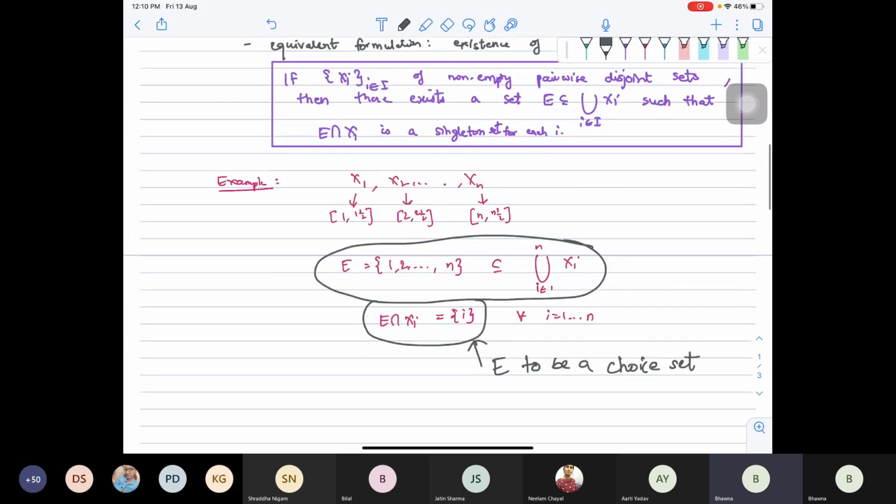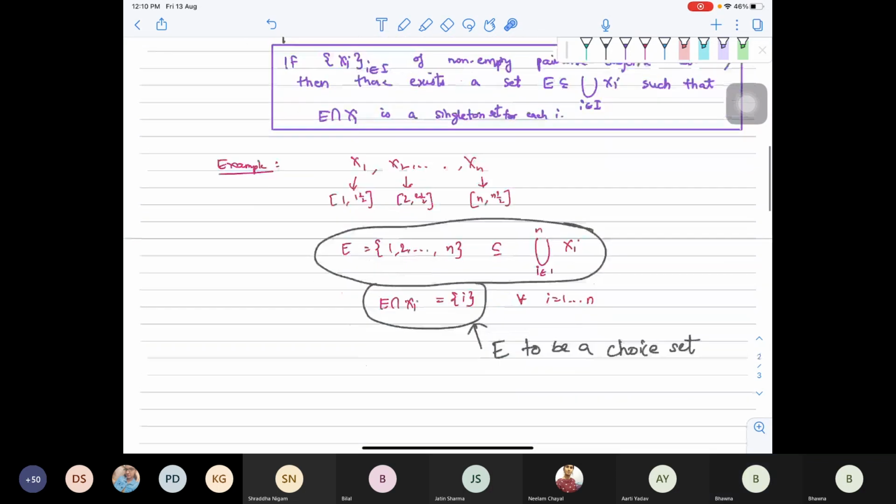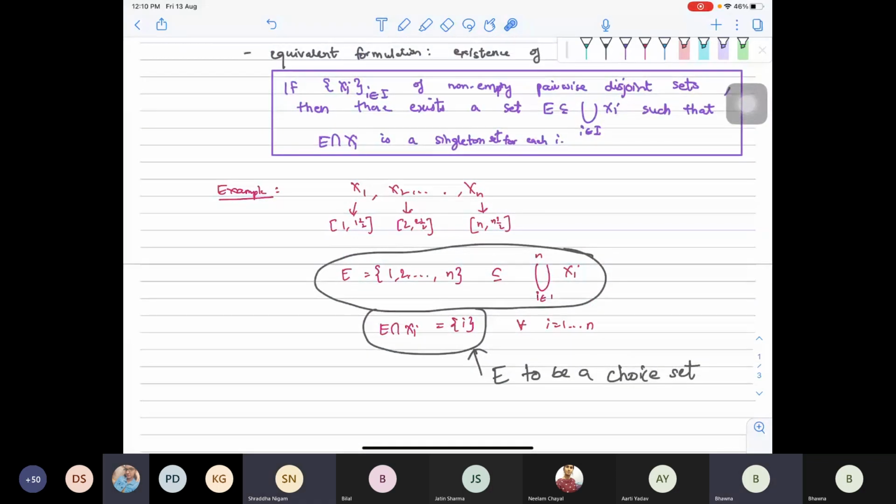The axiom of choice now says that we can always have a choice set no matter how many sets we have, for an arbitrary collection of sets, right? Yes, ma'am.